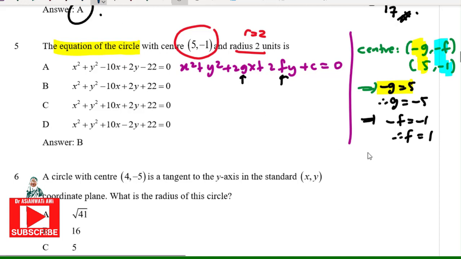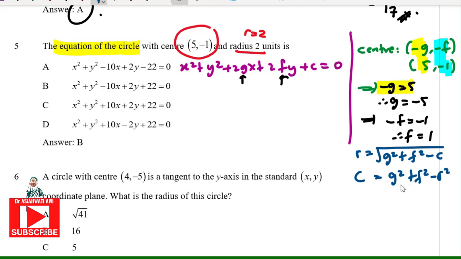The formula to find c, remember this formula, r equals the square root of g squared plus f squared minus c, or c is equal to g squared plus f squared minus r squared. Okay, substitute: g squared is equal to 25, plus 1, and minus r squared, which is minus 4. So c is equal to 22.